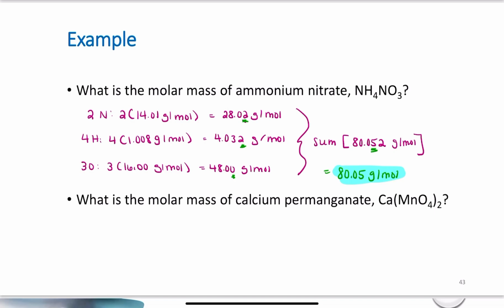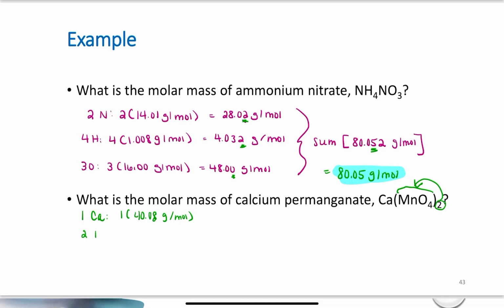Let's see, we've also got calcium permanganate, Ca(MnO4)2. We've got 1 calcium. Again, there's no subscript here, so that just means 1 calcium. I look up calcium on the table and I see its atomic weight is 40.08 grams per mole. Now this 2 here applies to the entire polyatomic.